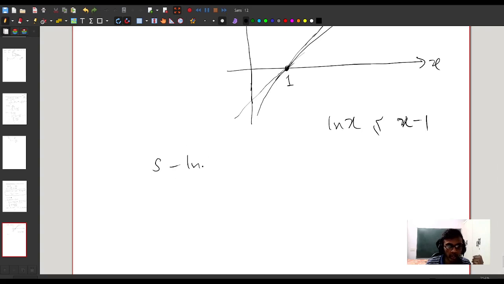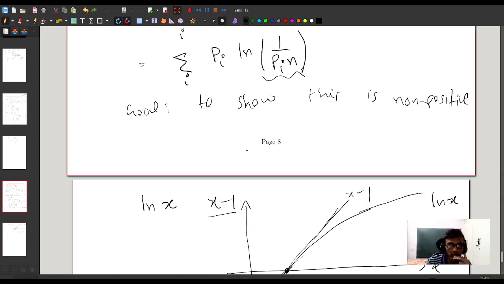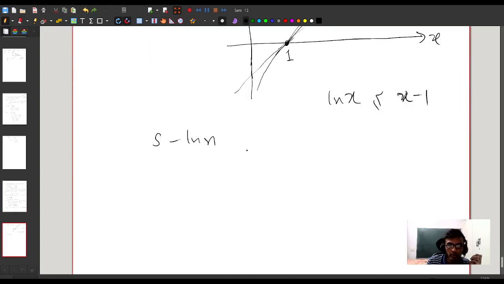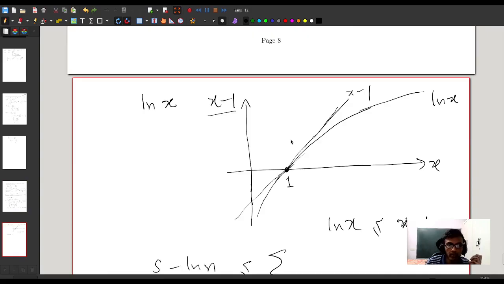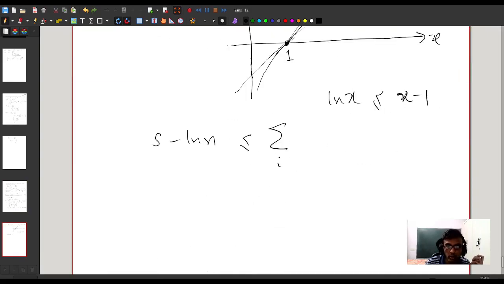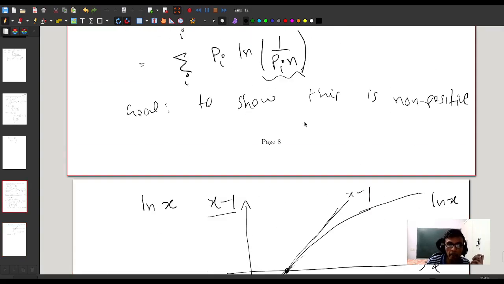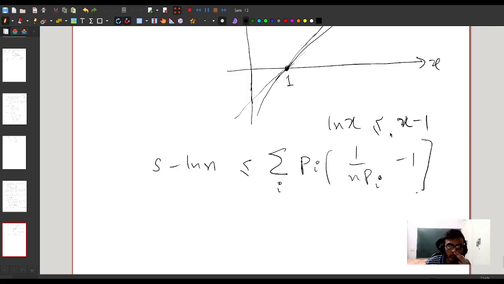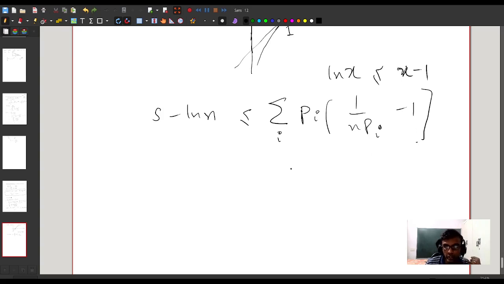Sorry, s minus ln n then should be less than or equal to the sum over i of pi times (1 by n pi minus 1), which is equal to 0.